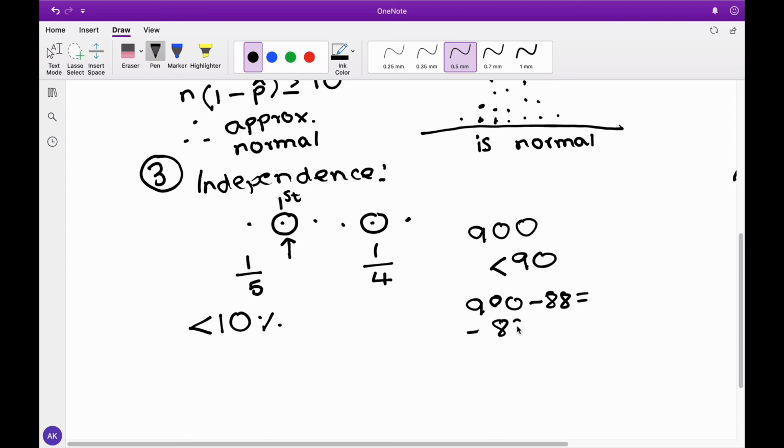Let's do that. So 90, 89, 10 minus 8 is 2, and then 89 minus 8 is, okay, 812 people.